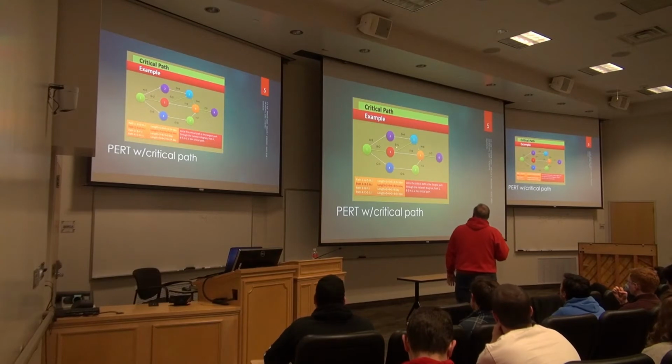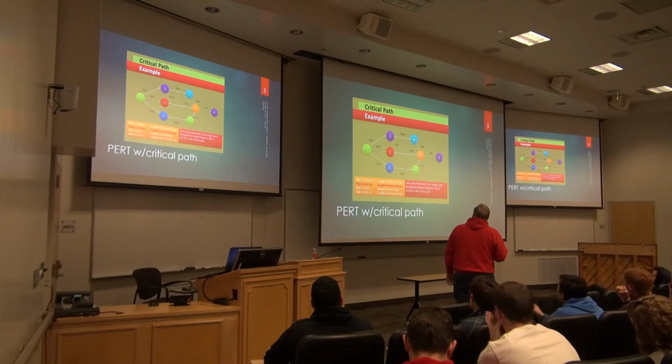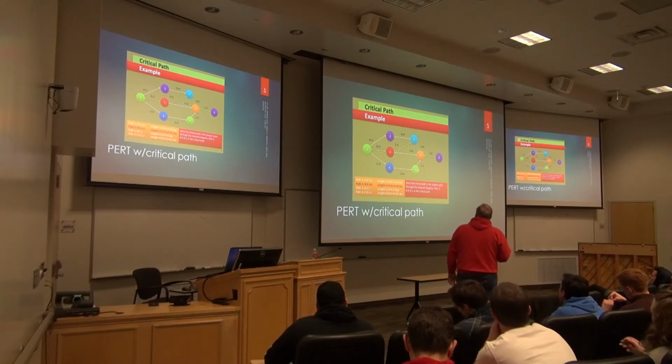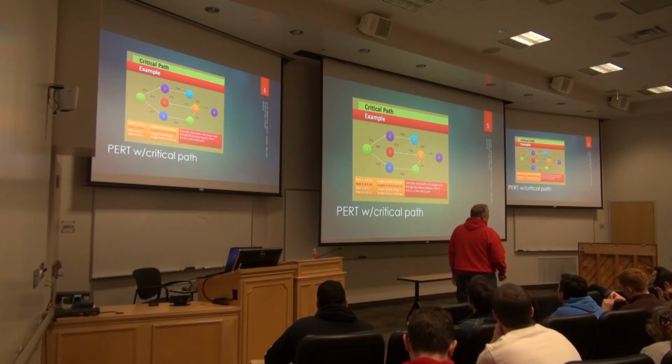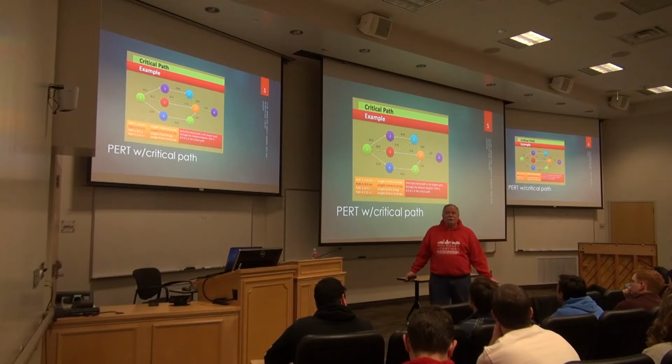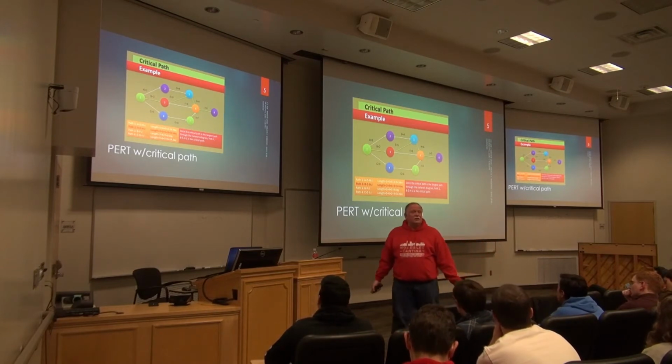It's the one where the sum of the paths is the greatest. So if this task or this task slips, the whole project slips at this point. If one of these tasks slips sufficiently, it may become the critical path. So the critical path is your way of determining your estimated completion based on your individual estimates.